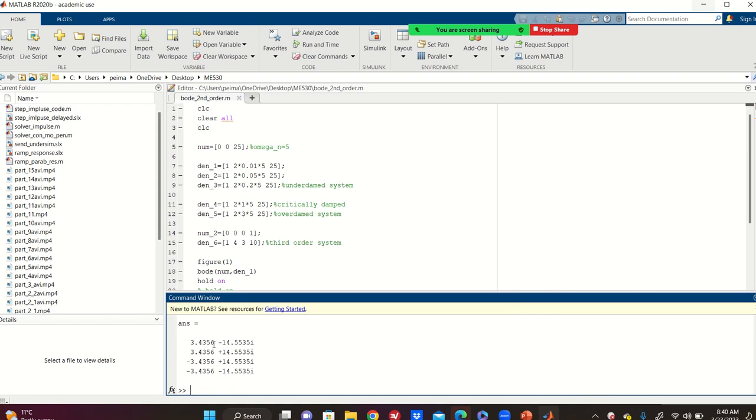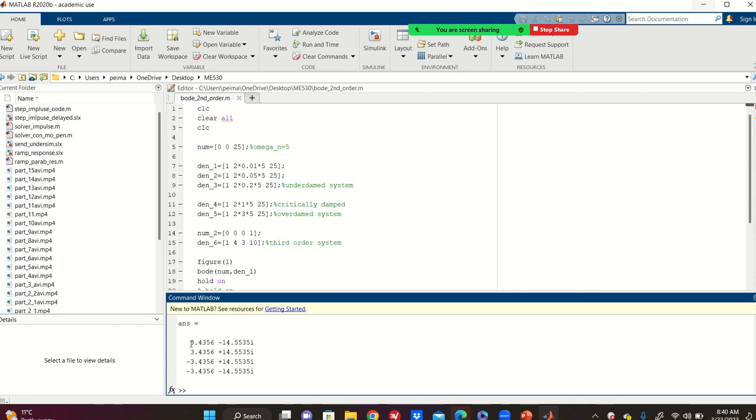So you have a pair of complex conjugate poles, guys, here. See? With the real part negative, complex conjugate poles here with the positive real part. So you're gonna have this, guys.